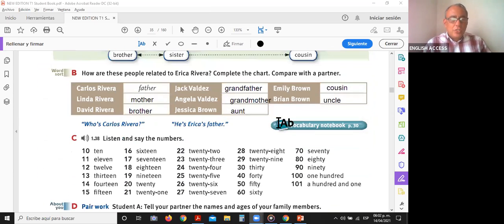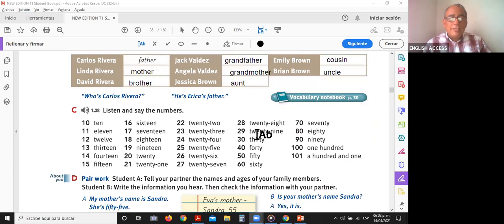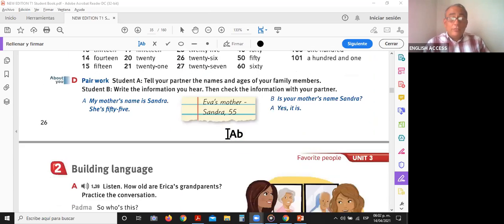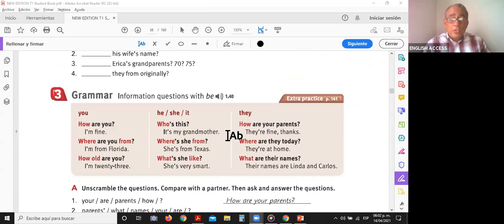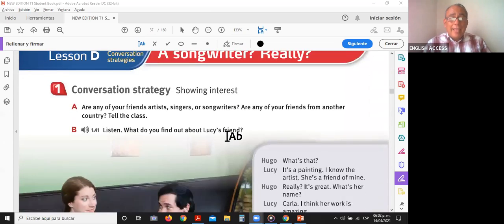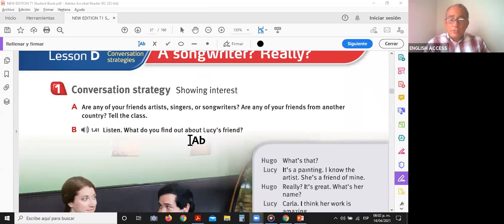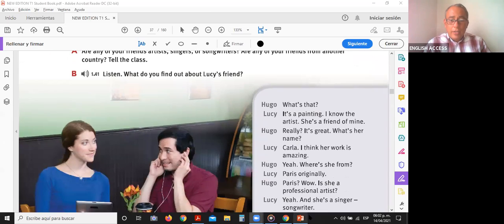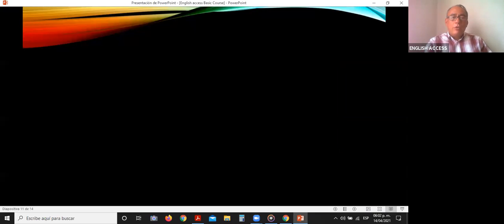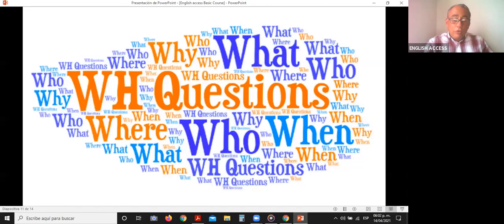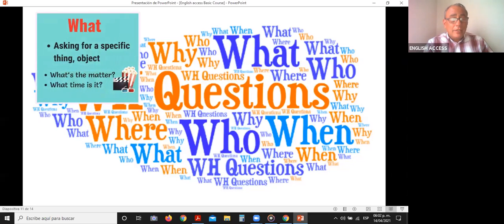To finish, we are going only to listen to the numbers because it's 6 o'clock. Tomorrow we finish this lesson and then we are going to cover lesson D for the conversation strategies using really. So tomorrow we are going to go for the numbers. We are going to review different questions. Questions with what to ask about specific things or objects in general.